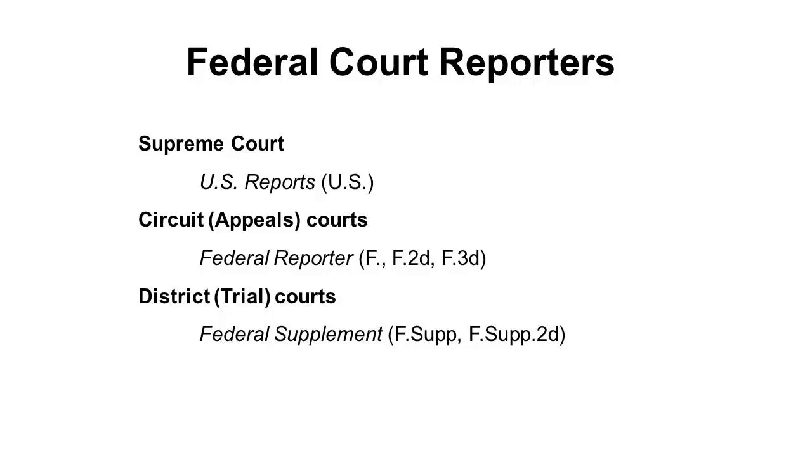Our circuit or appeals courts are found in the Federal Reporter, which is abbreviated F, F second edition, or F third edition. And then our district or trial courts are reported in what is called the Federal Supplement, which is abbreviated F Sup or F Sup second edition.